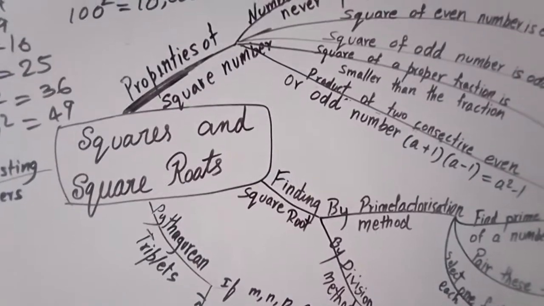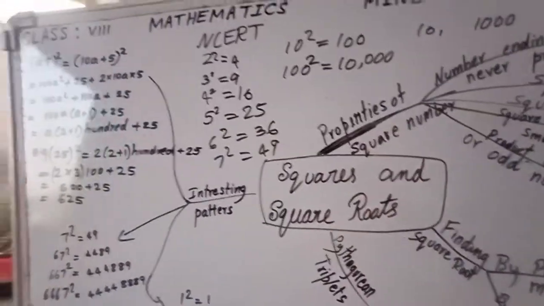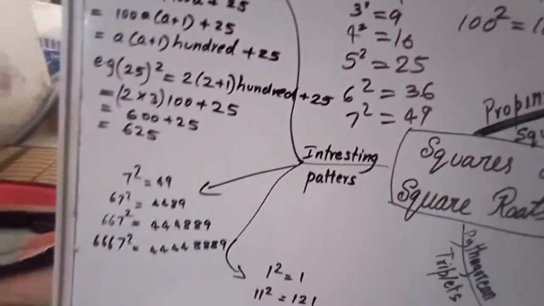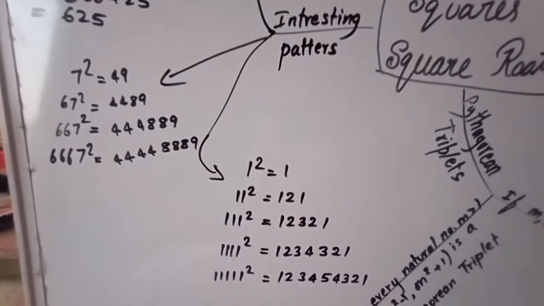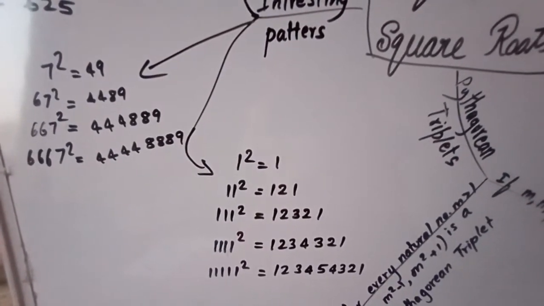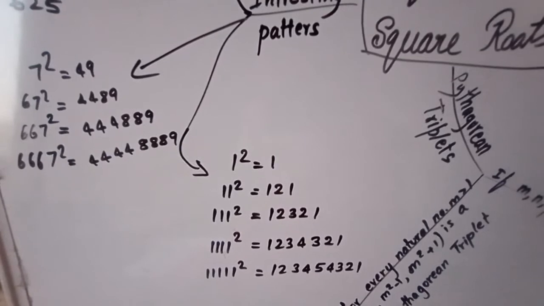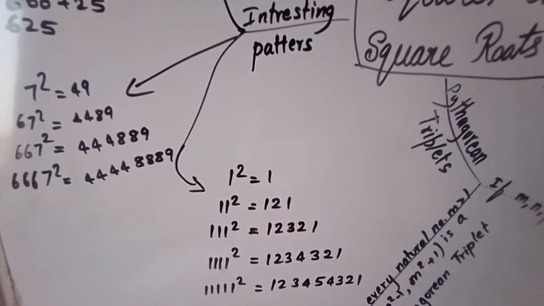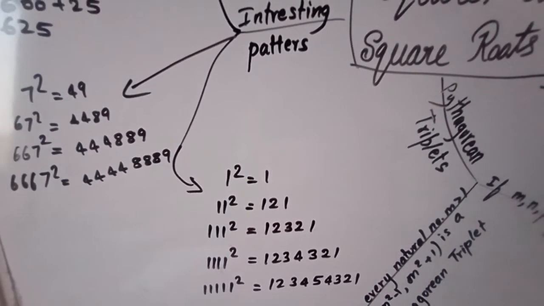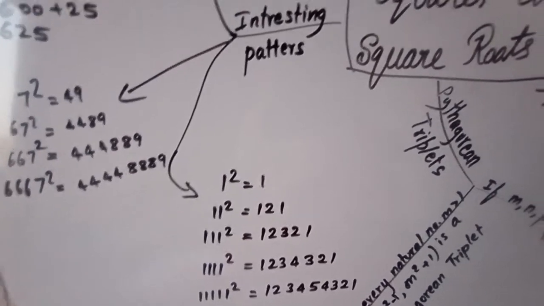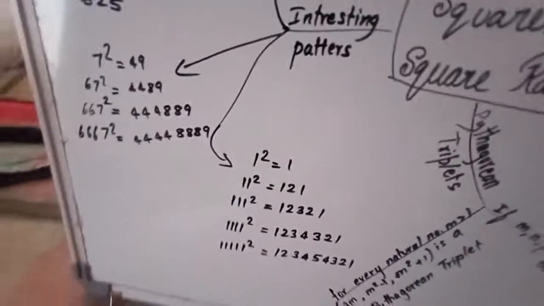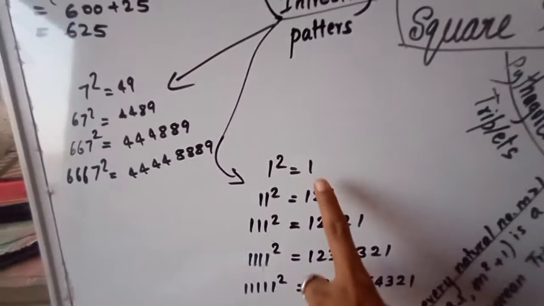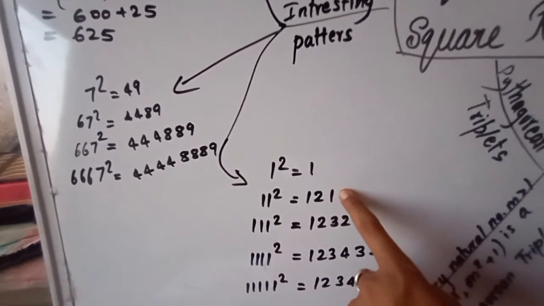One more interesting thing is that interesting patterns are available in squares. You can see that 1 square is equal to 1, 11 square is equal to 121, 111 square is equal to 12,321. You can observe this pattern. Here 1 was there, here it has become 1 to 1.